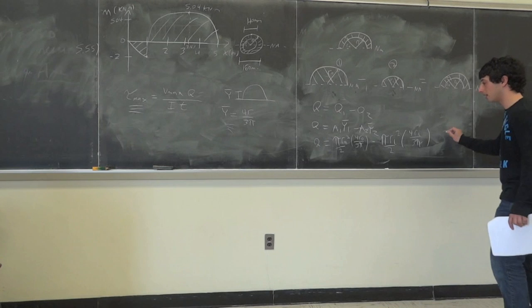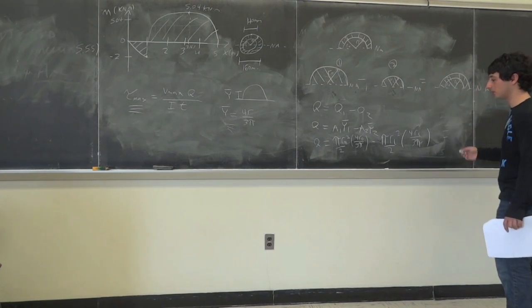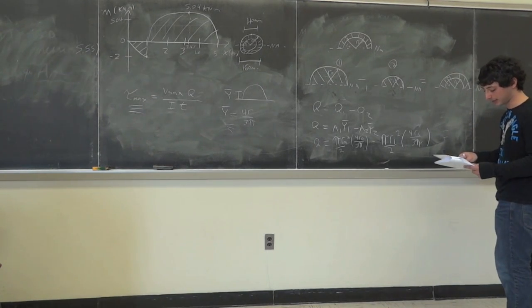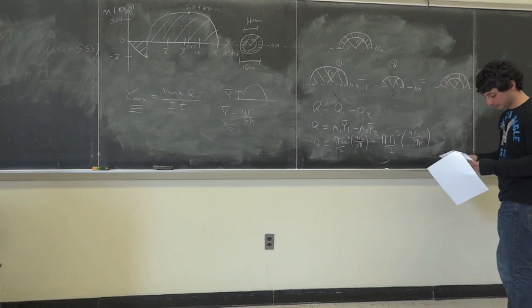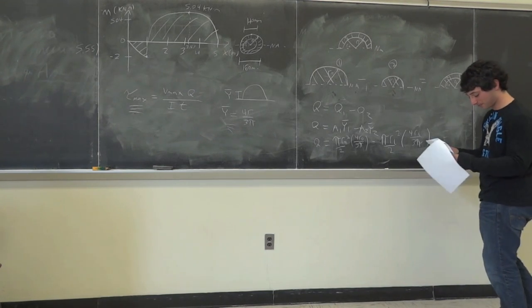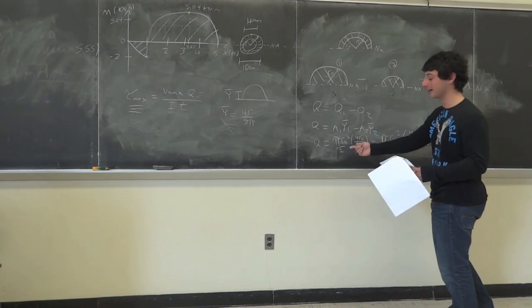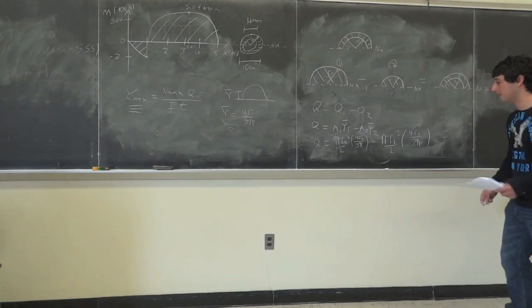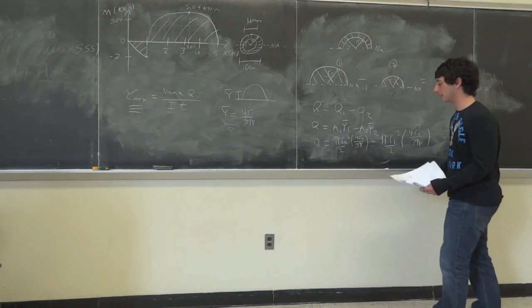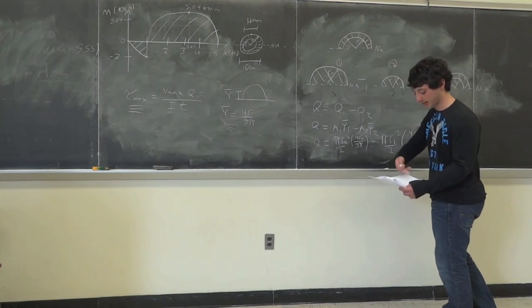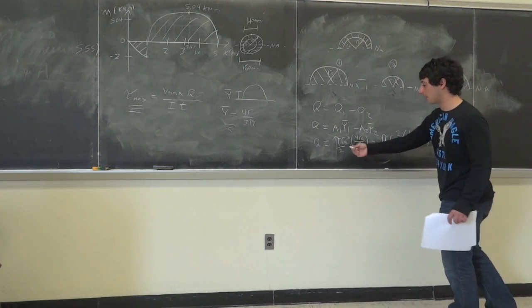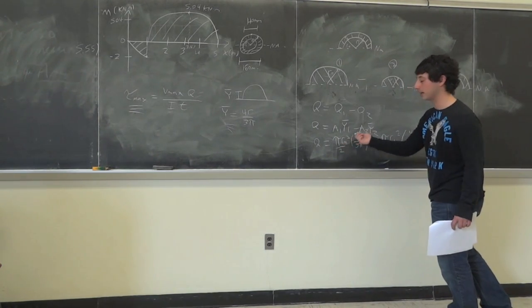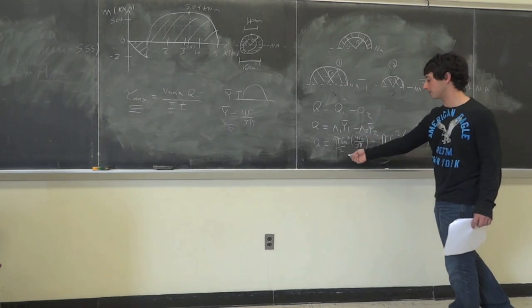So you get Q is equal to, I just noticed I made a mistake. I wrote pi R0 squared, and I just caught myself because I have to use my calculator now. If someone could calculate this for me, it'd be great, because I made a mistake in my notes. I said it was pi R0 squared, but that's the area of the whole circle. You have to divide it by 2.